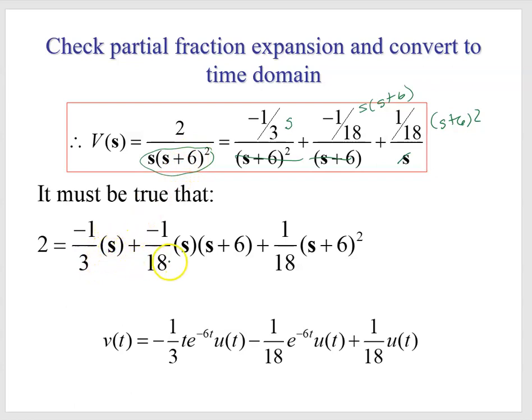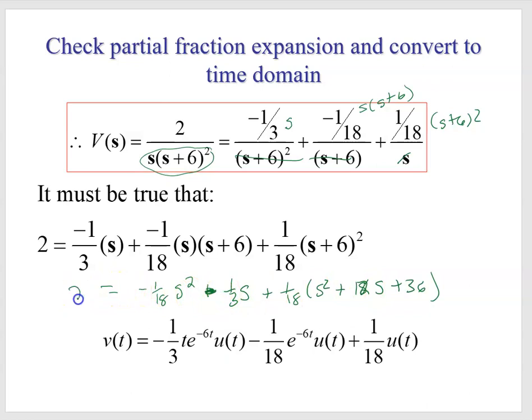So we have negative 1/3 s. Here we have negative 1/18 s squared, minus 1/3 s, and then we have plus 1/18 times our s squared plus 12s plus 36.